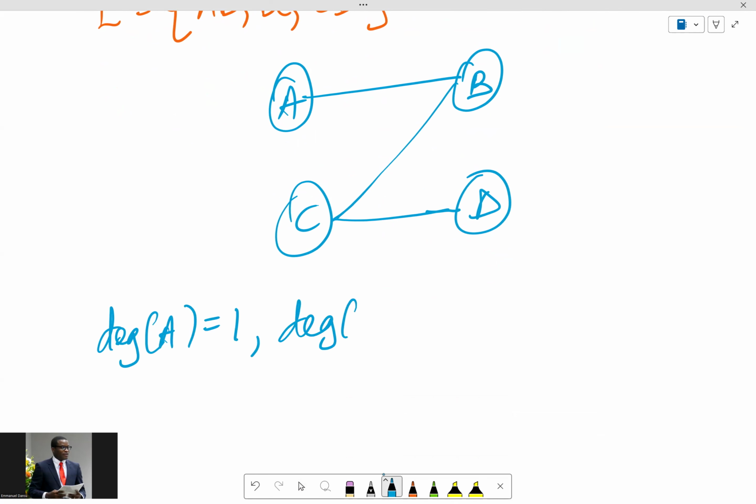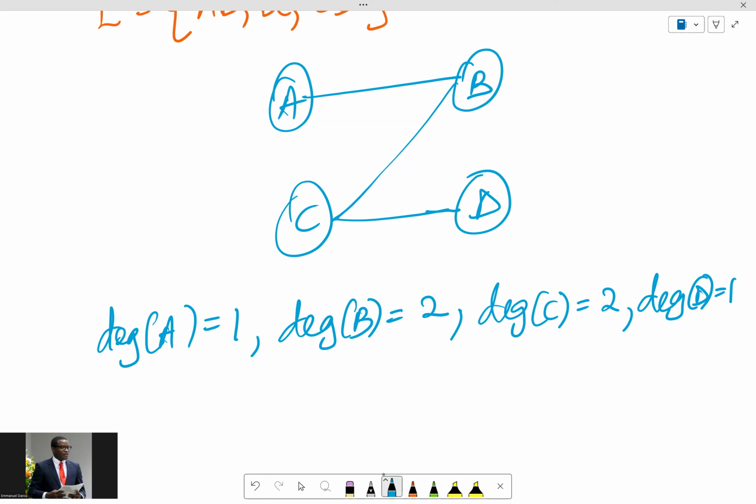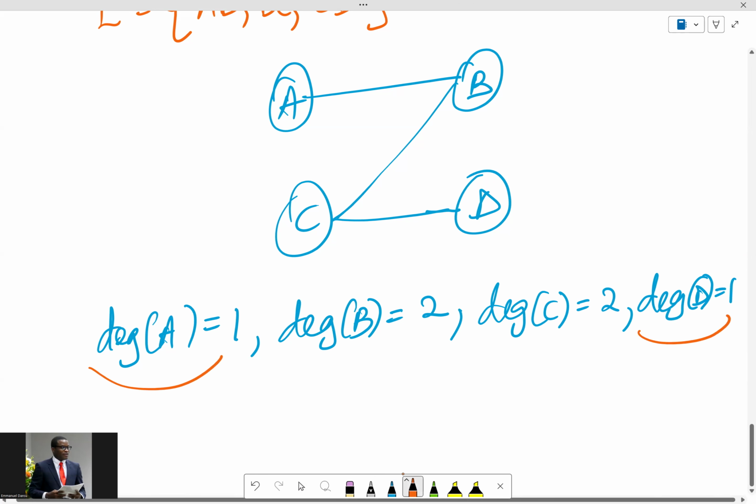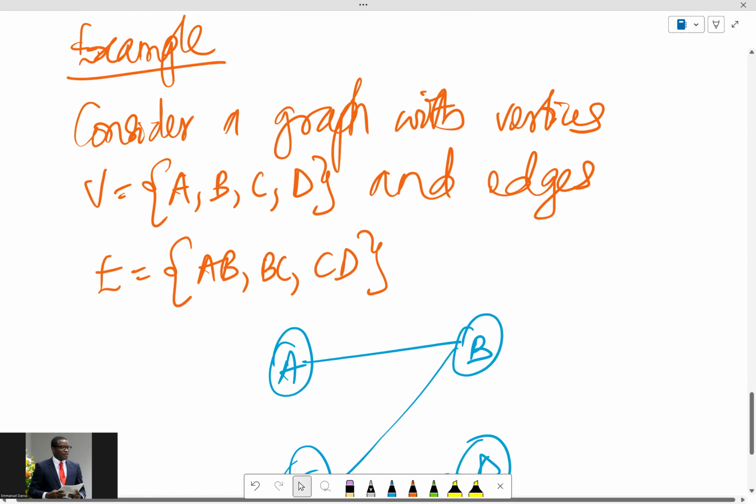The degree of B is 2 because you have an edge from A and you have an edge to C. Then the degree of C is also 2. You have something coming from B and something going to D. So the degree of C is 2, and then the degree of D is also 1. So we have exactly two vertices with odd degree.